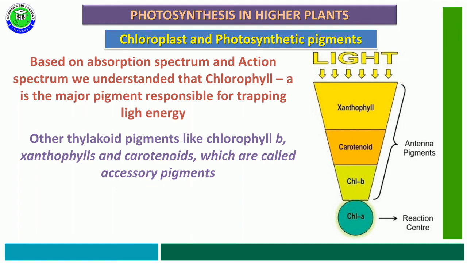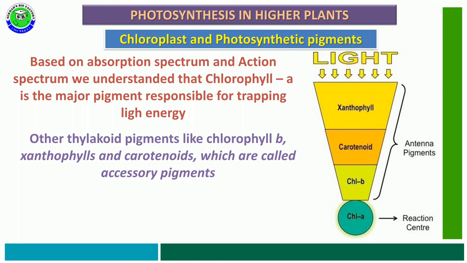So during photosynthesis, what is the role of other pigments, for example chlorophyll B, xanthophylls, and carotenoids? These pigments have a specific role, and they are called auxiliary pigments because in the structure of the photosystem, chlorophyll B, carotenoid, and xanthophyll become antenna pigments to absorb light energy directly.